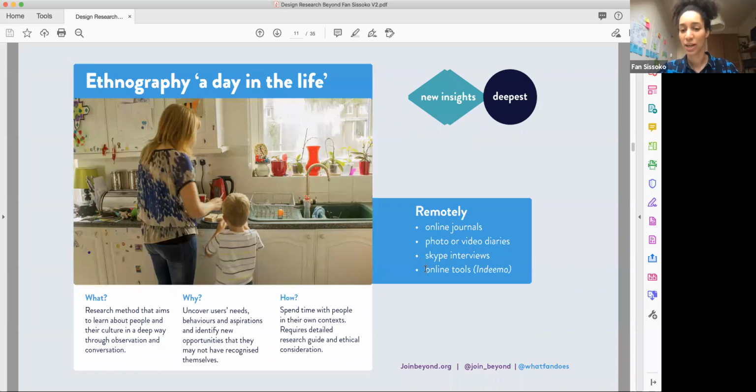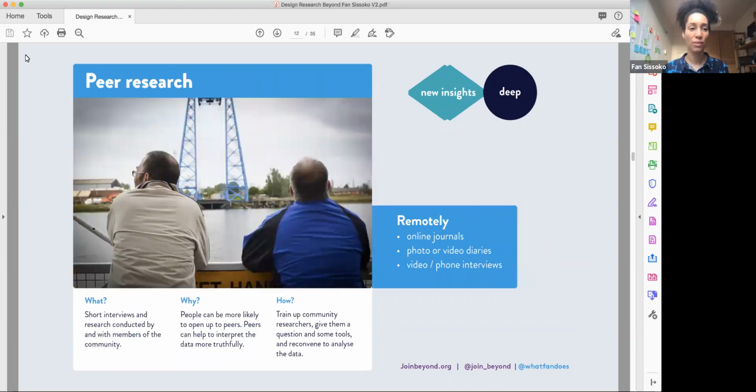And then there are some online tools as well that can help you to do all of this. So ethnography is very much for when you're trying to get deep, and when you're trying to get new insights on a challenge. So that's ethnography.